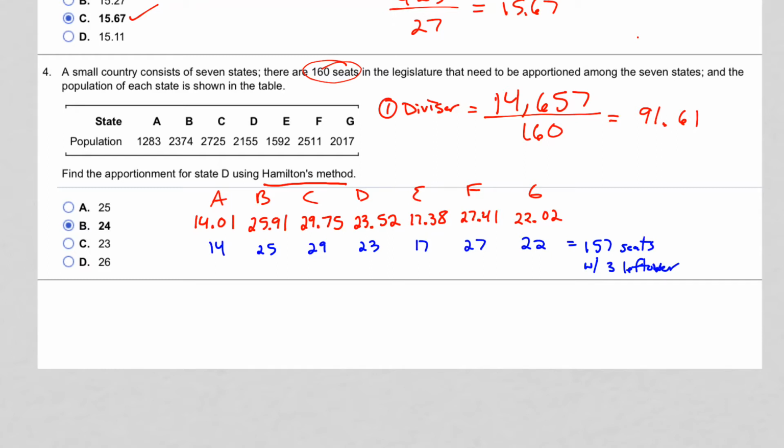Those seats are going to go to the highest fractional parts.